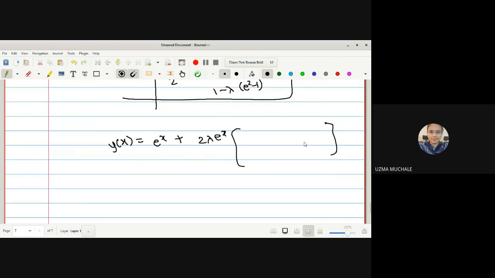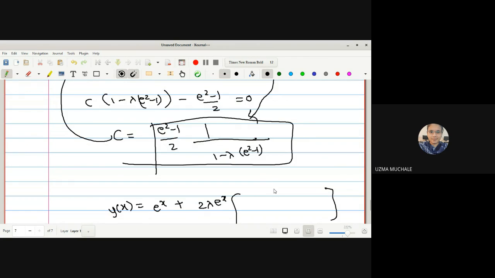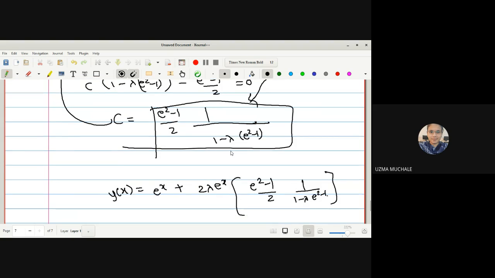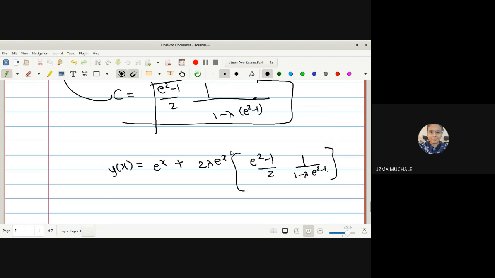Here we have to write the value of c, and hence the result. You can simplify this again, or you can put it as it is. And hence we get the solution.